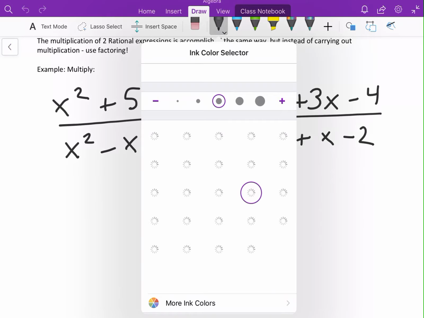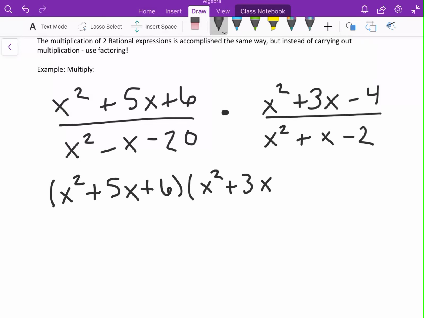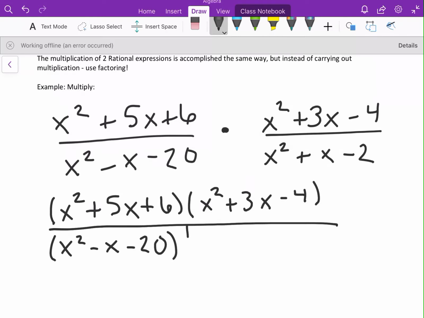So here is the next step. We're going to combine our numerators. And in order to do that, in parentheses, I'm going to write x squared plus 5x plus 6 times x squared plus 3x minus 4 all over x squared minus x minus 20 times x squared plus x minus 2.